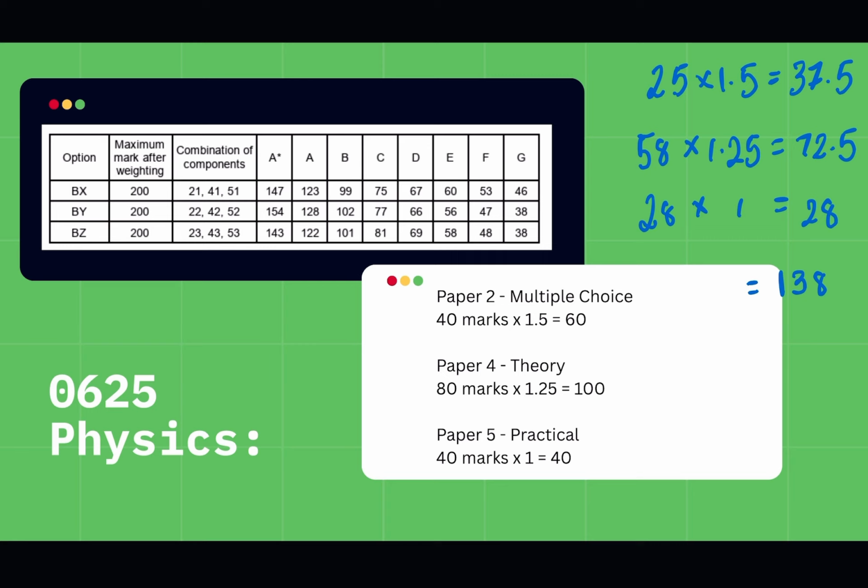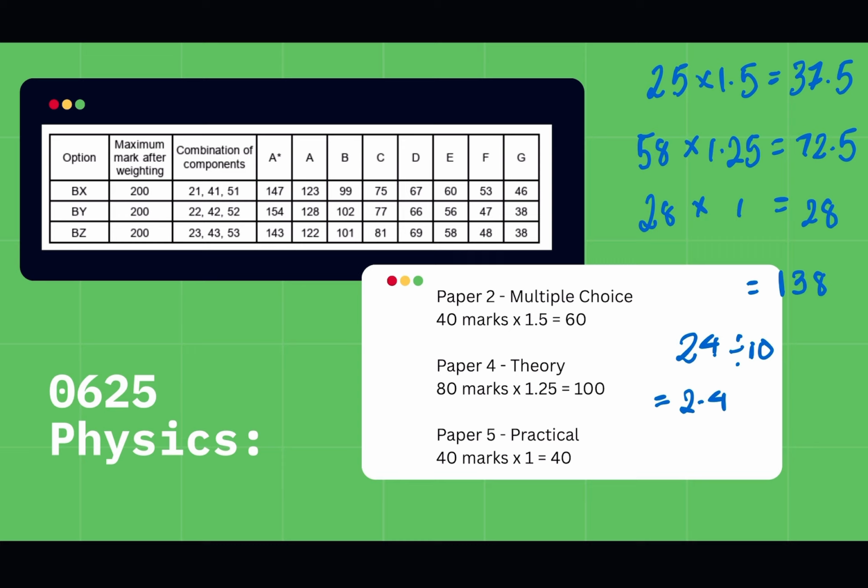The difference is 24 marks. But here's the thing. These 24 marks are 10 marks apart basically, because 80 to 90. So we're going to divide it by 10 and you're going to get 2.4. So to increase by 1%, you have to get 2.4 marks. That's what I mean.